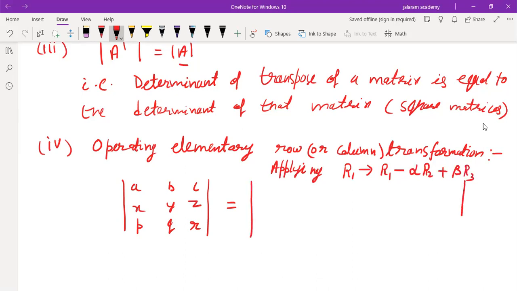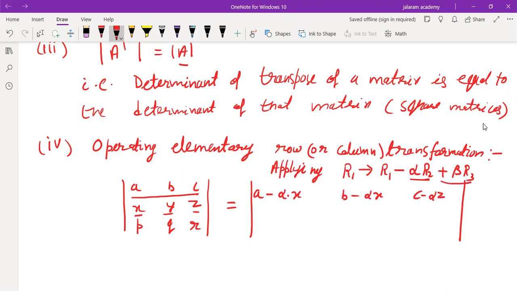Means what? R1 is ABC. If you multiply all the elements of R2 with alpha, alpha R2 means alpha x, alpha y, alpha z, and they are subtracted from the corresponding elements of row 1, means A minus alpha x, B minus alpha y, C minus alpha z.